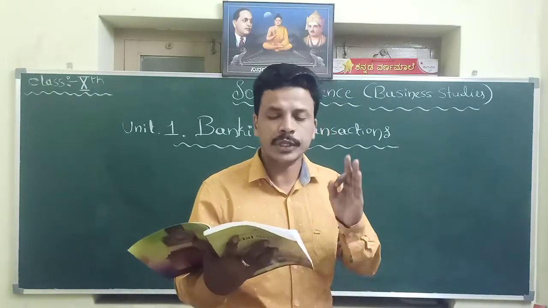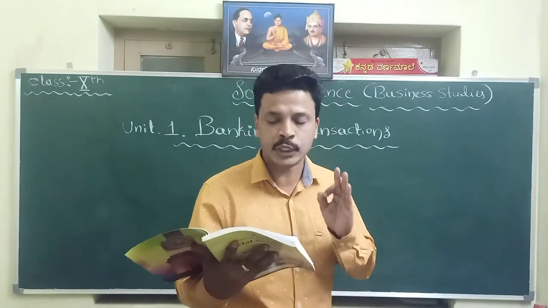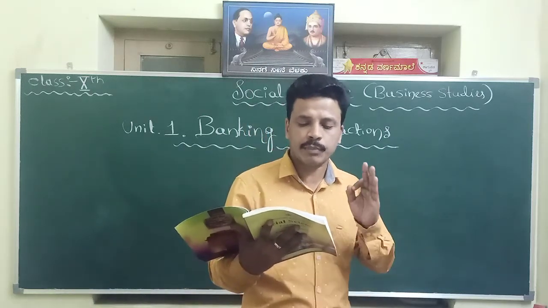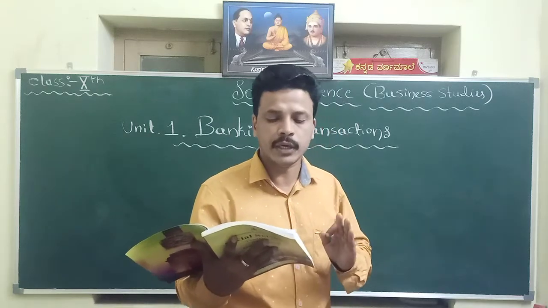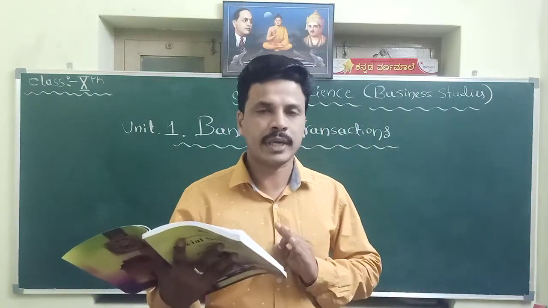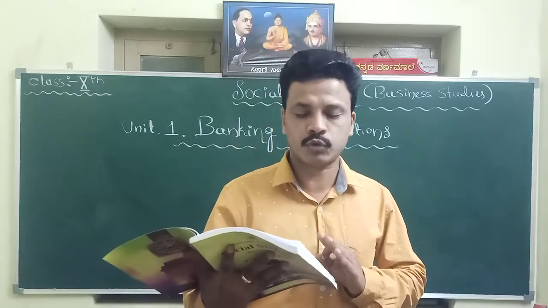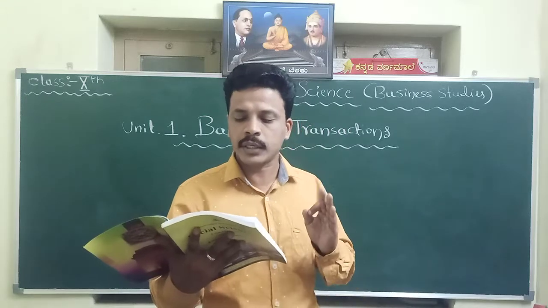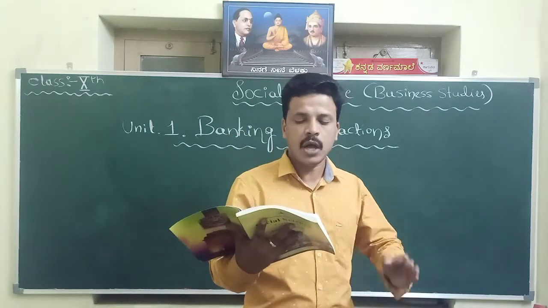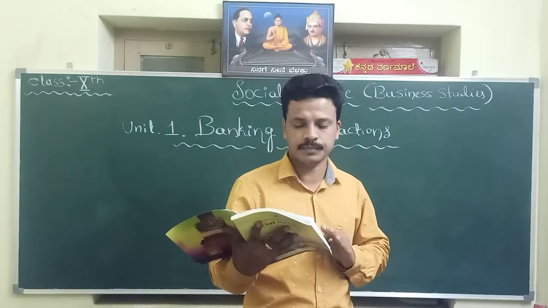First point, general relationship, that is, first one, primary relationship, second, subsidiary relationship, third, agent and principal relationship. Second main point, special relationship. First one, obligation to honor checks. Second, obligation to maintain secrecy of account.